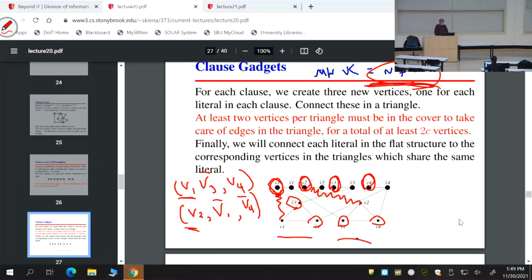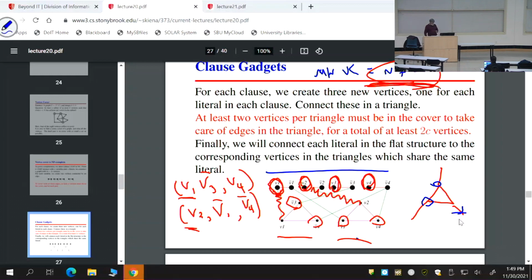What does each triangle look like? The triangle now looks like three vertices plus there's an edge on every vertex going back that still has to be done. If at least one of these edges is taken care of by how we did this, I could cover the rest of it by picking the other two.